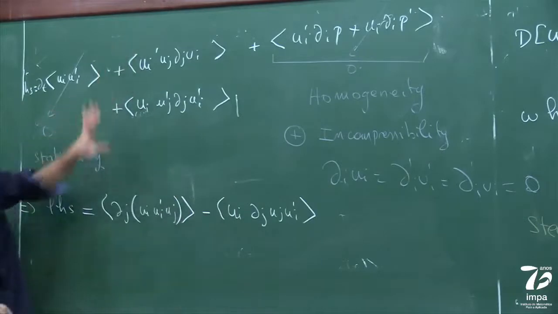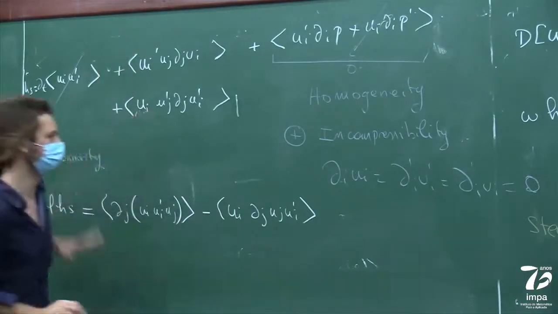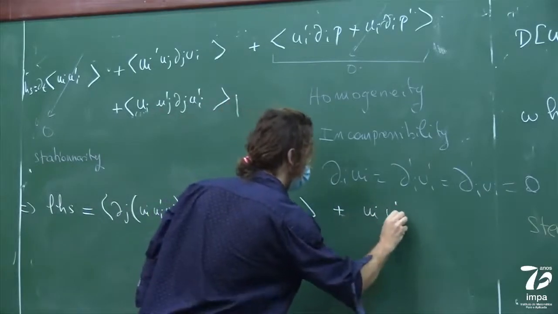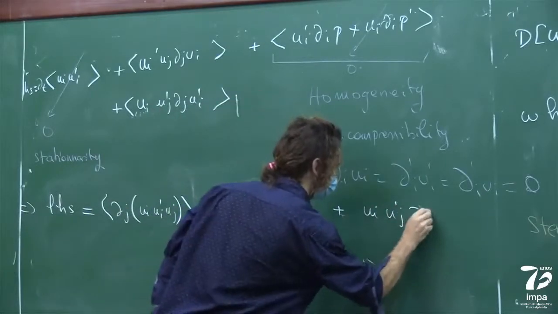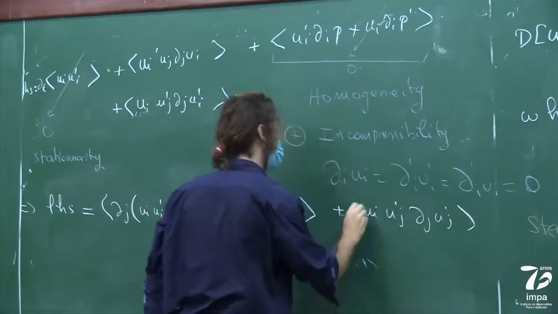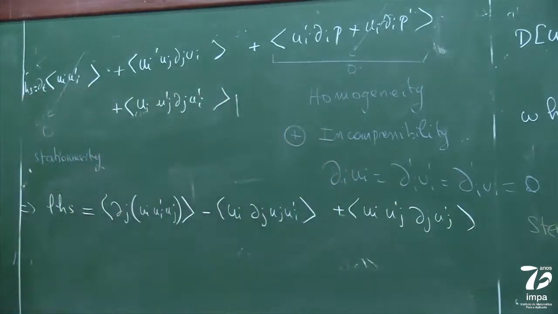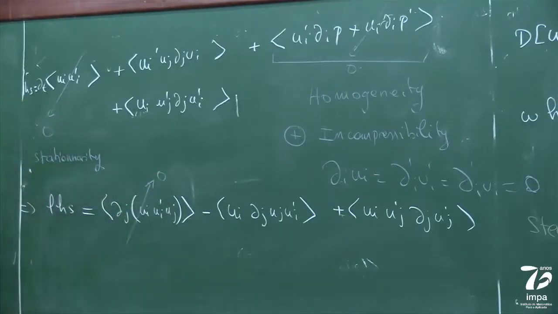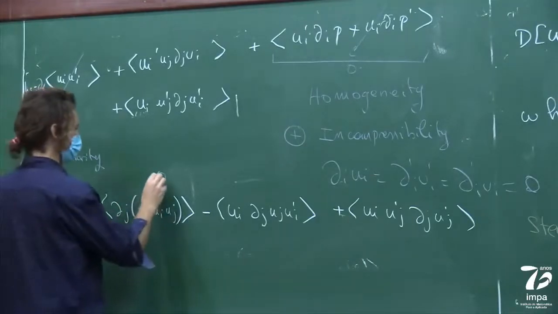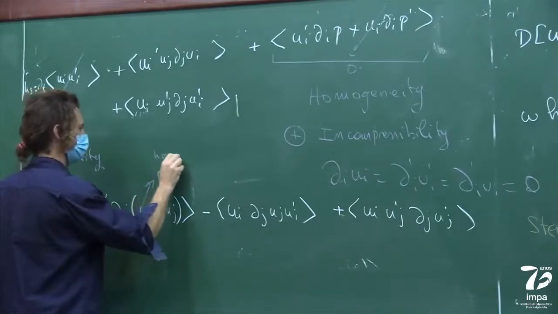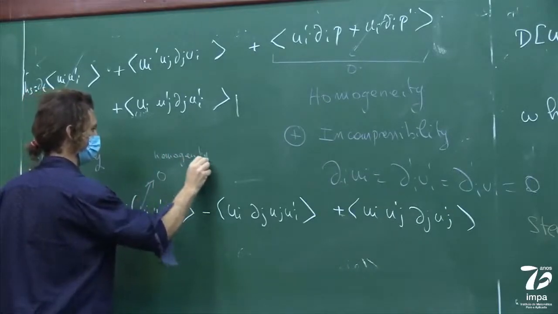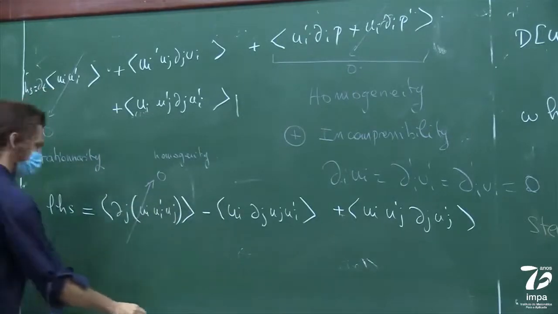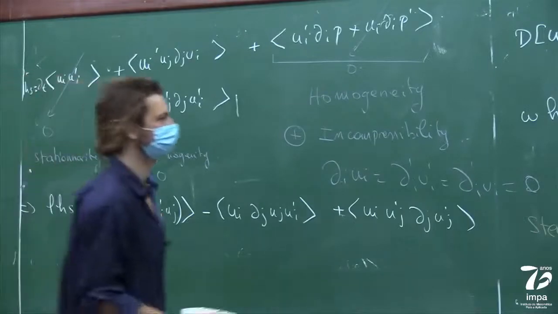So this term becomes this term, and then you keep this term plus ui u prime j uj u prime j. And again this guy is 0 by homogeneity. This is what we have, and so this we keep in mind.